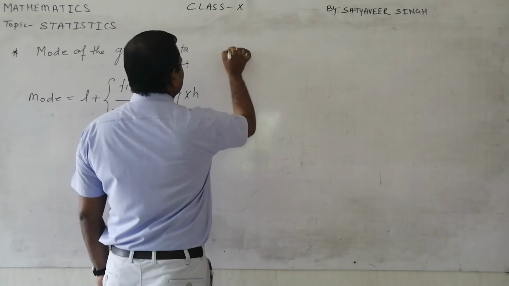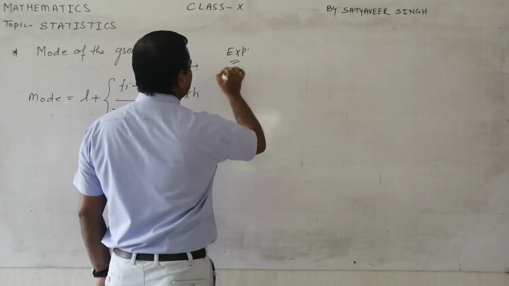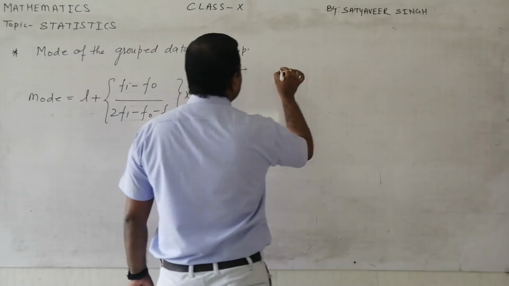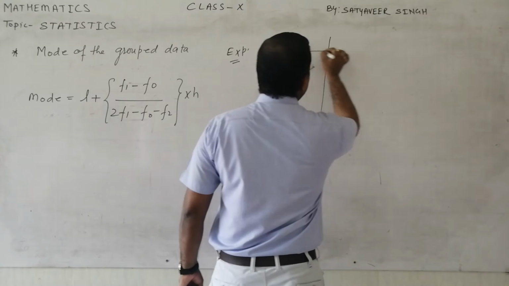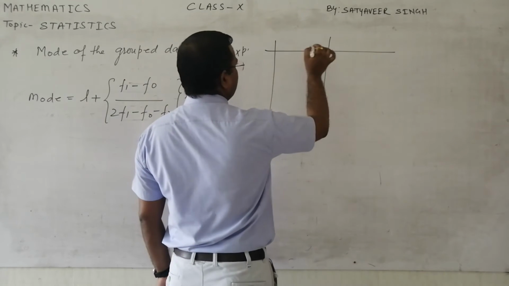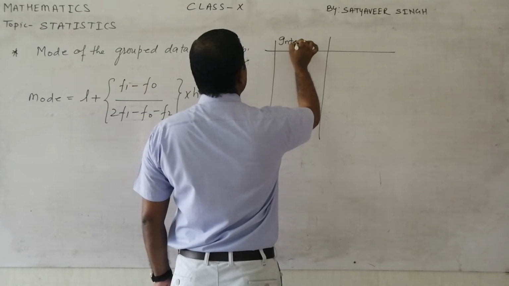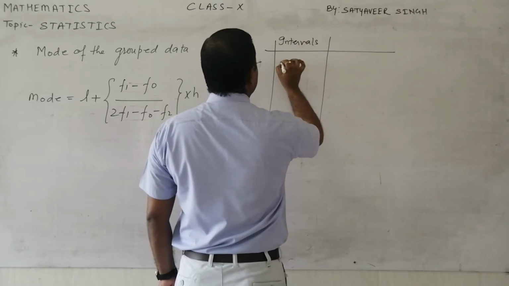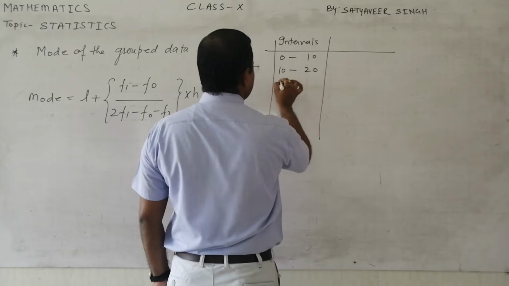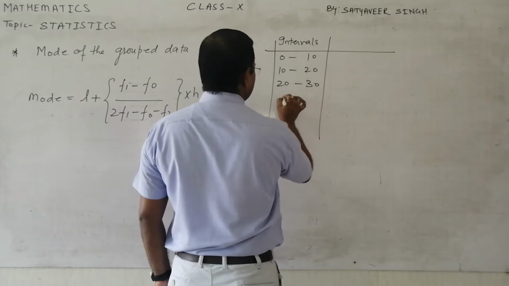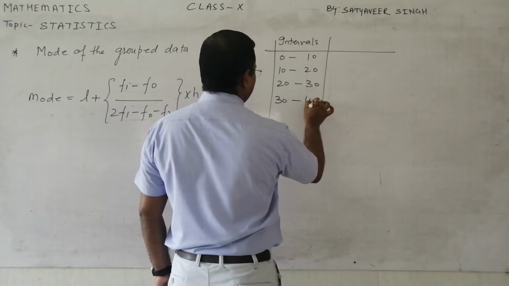Let us see one example. So I am taking one data here. I have the intervals: 0 to 10, 10 to 20, 20 to 30 and 30 to 40.